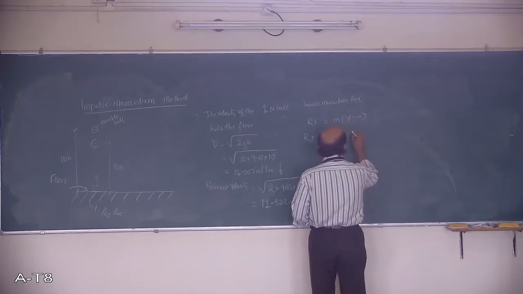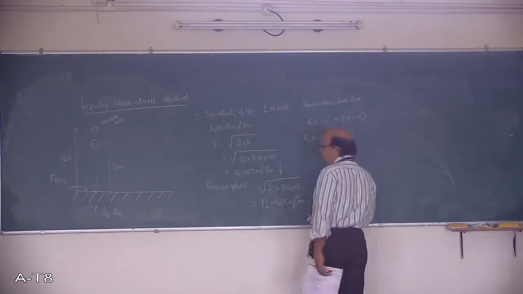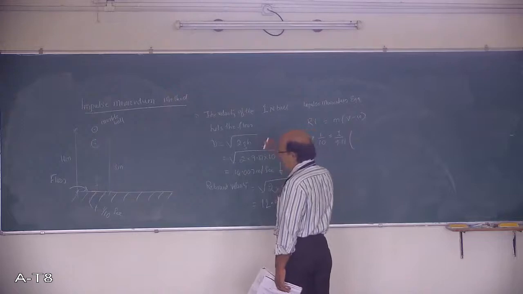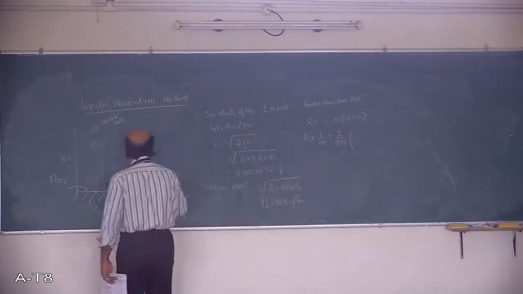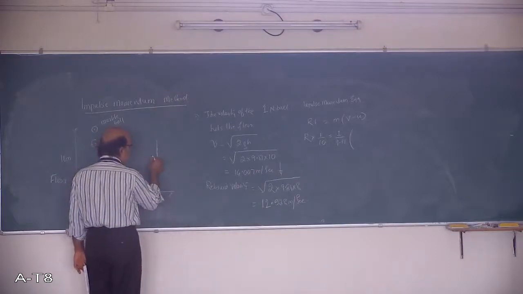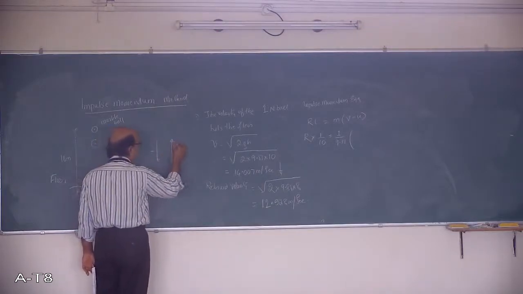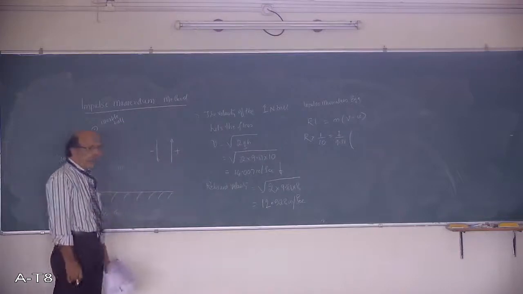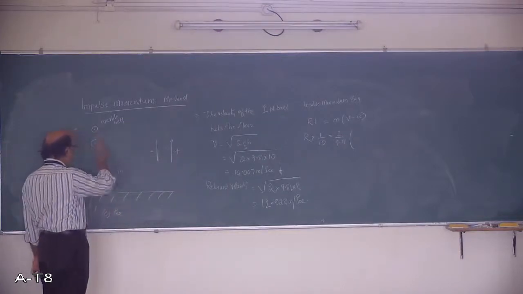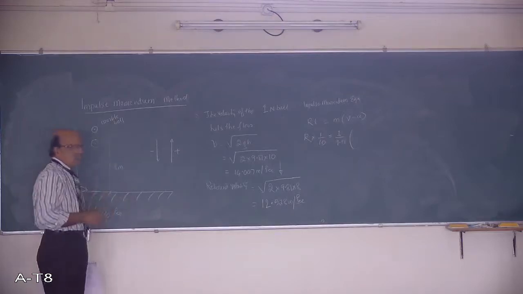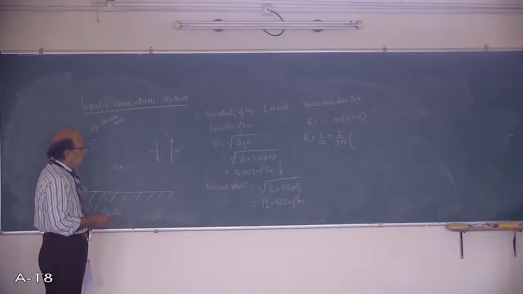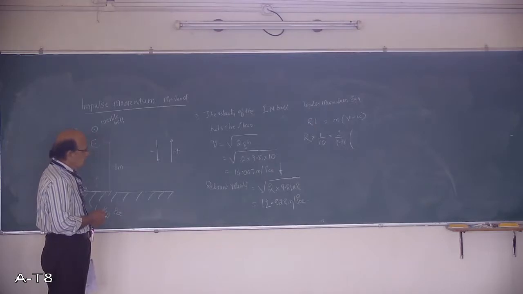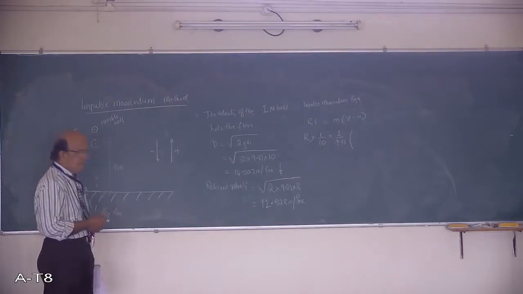And here, the velocity downward I will take as negative and upward as positive. When the ball falls down, I will take it as negative. When it moves up, the upward direction I will take as positive. Now when the ball hits the floor, it hits with a velocity of 14.007. And when it moves up, that time it will be 12.528 upward.